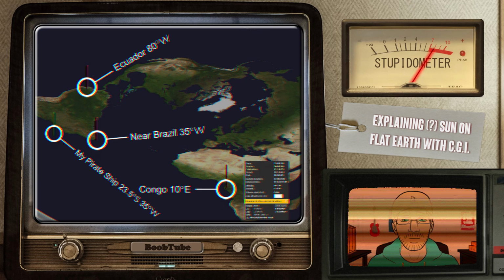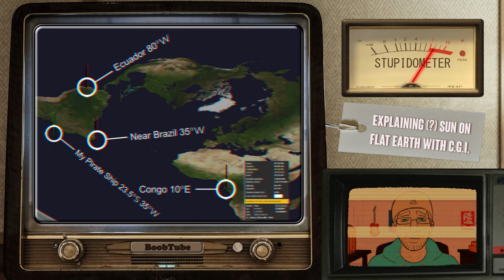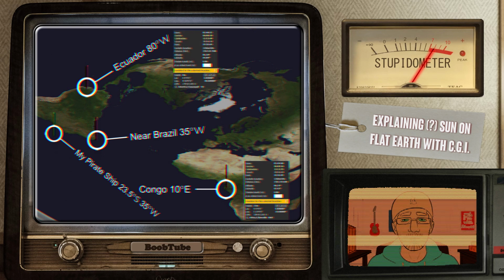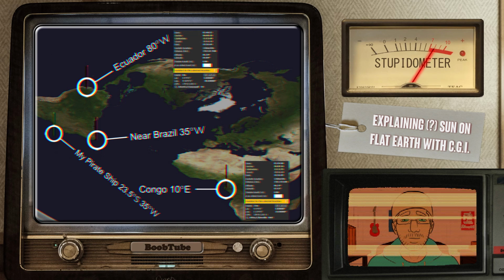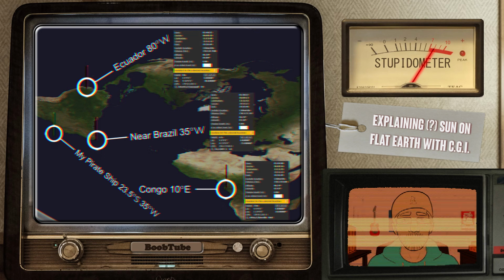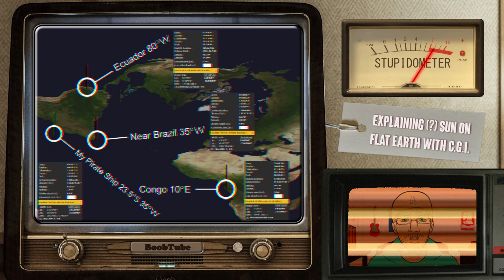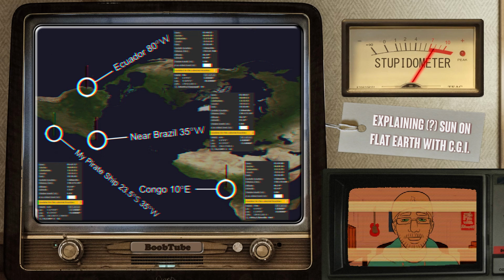So on that day, all three observers would see the sun above them. Observer A would see sunrise 6 hours earlier than observer C, and 3 hours from observer B or my pirate ship. Me and observer B would see the sunrise and set at the same time. Only for me, the sun would be at an angle rather than overhead.